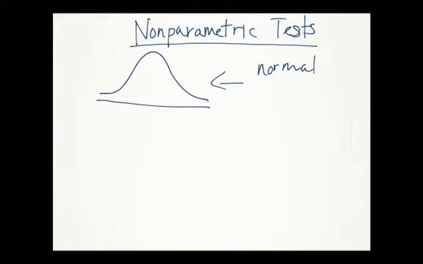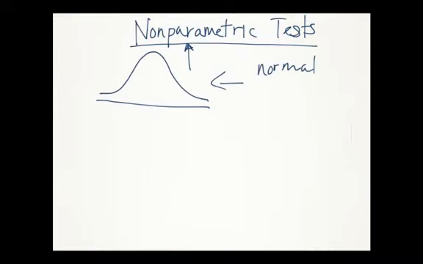As the name implies, these are statistical tests that make very few assumptions about the underlying distribution of the data. To help you understand the word nonparametric, when you assume normality, that's called a parametric assumption. You're assuming these parameters, the mean and the standard deviation, which govern the normal distribution, are appropriate for your data.